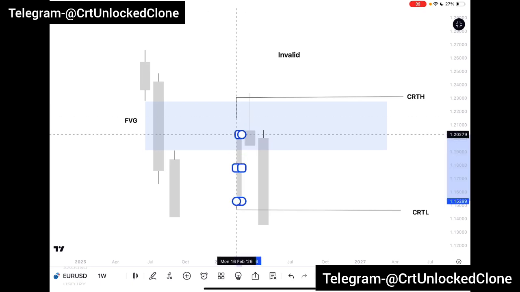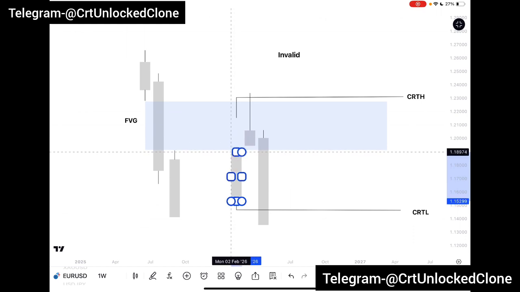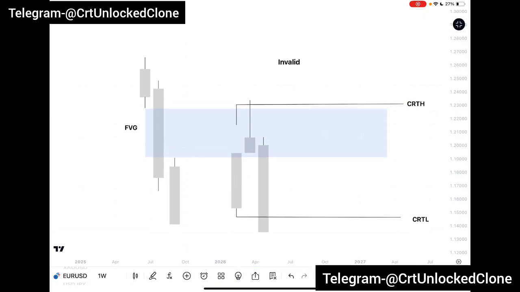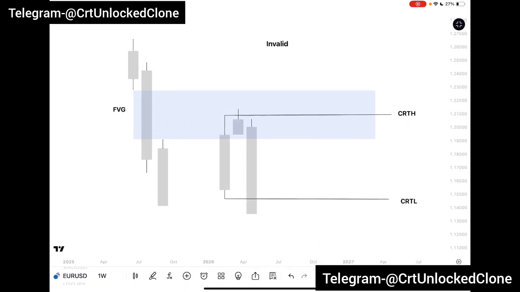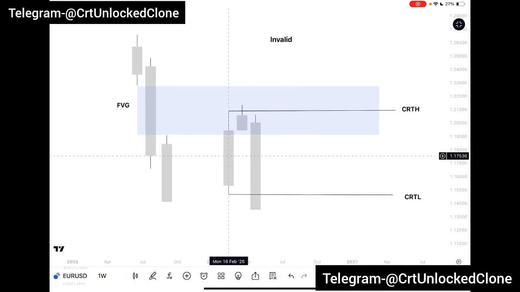Now here, this is our CRT candle. Just listen very carefully, my dear people. This is the CRT candle which I explained before: CRT candle, manipulated, distributed.